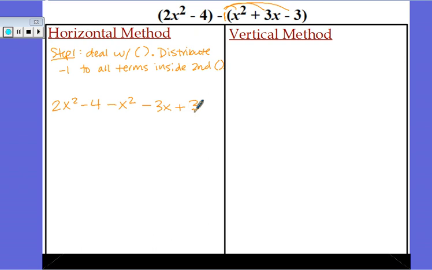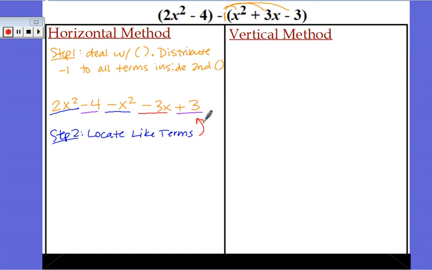Okay, once we do that, step 2 is to locate our like terms. So I see 2x squared and negative x squared. I see negative 4 and positive 3, and then I see a negative 3x by itself.